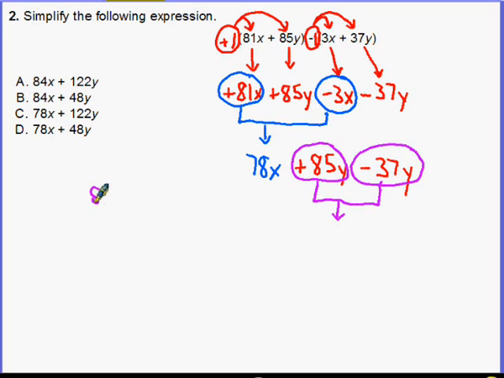Now you might not be able to do that in your head, but guess what? You can come over here to the side. You can say, oh, 85, I got to take away 37. So I can't take 7 from 5, so I have to borrow, makes that a 7, makes that a 15. 15 minus 7 equals 8. 7 minus 3 equals 4. So that means if I had 85y's and I take away 37y's, I'm left with 48y's.